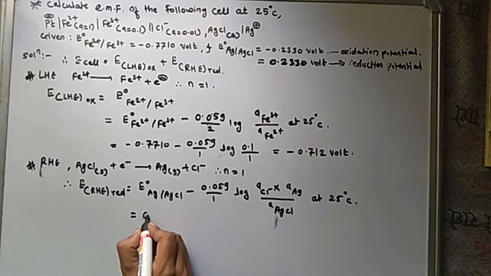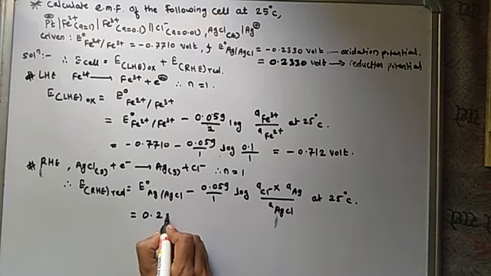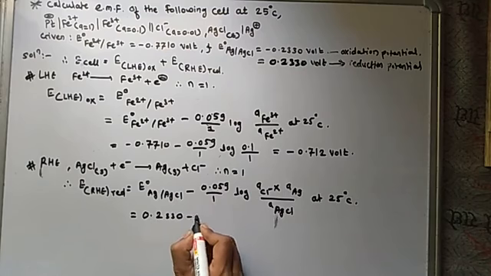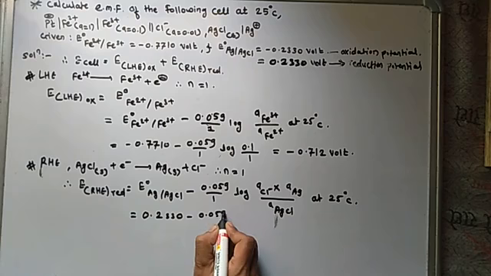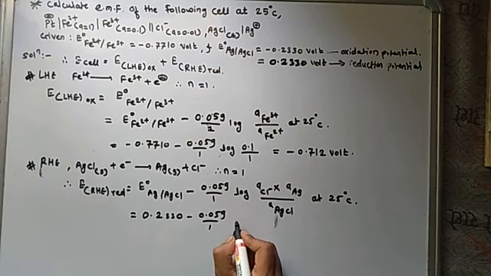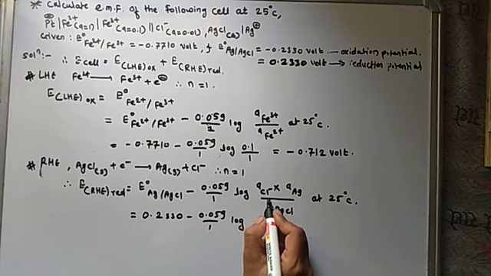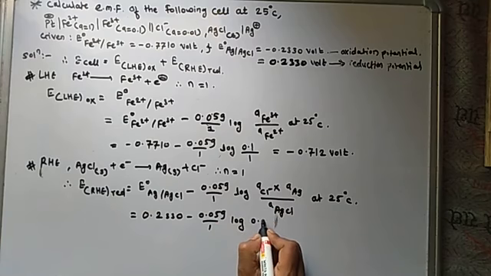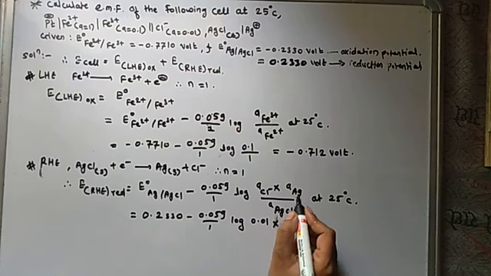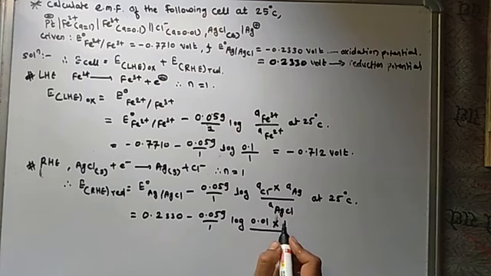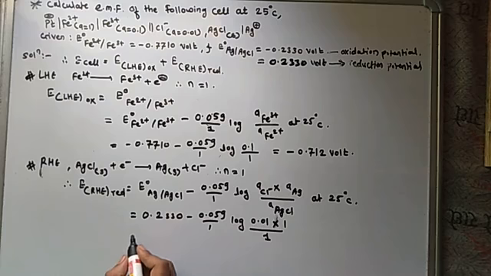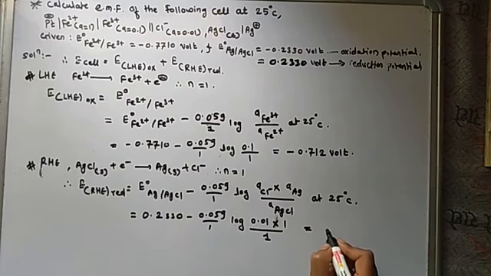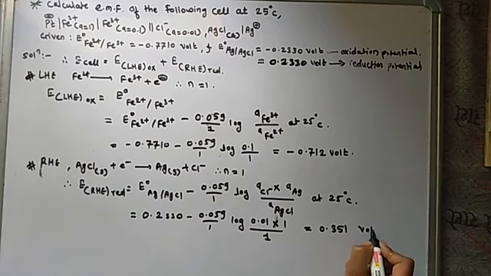Put this value: 0.2330 volt minus 0.059 divided by 1, and log of activity of Cl- which is 0.01, activity of Ag is 1, divided by activity of AgCl which is 1. If we solve all these terms we get the potential as 0.351 volt.